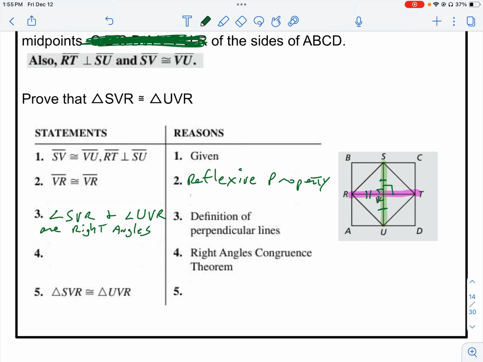Right angle congruence theorem. What does the right angle congruence theorem tell me? It tells me that all right angles are congruent to all other right angles. So we have angle SVR is congruent to angle UVR. So here we have a side, here we have a side, here we have an angle. The angle is between the sides. So we have two triangles congruent by the side angle side congruence theorem, and we are done.